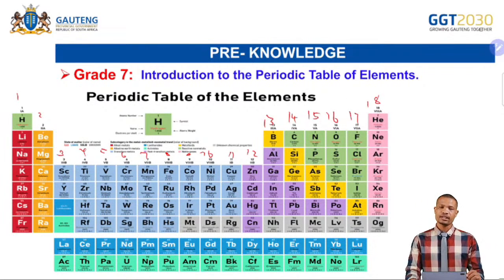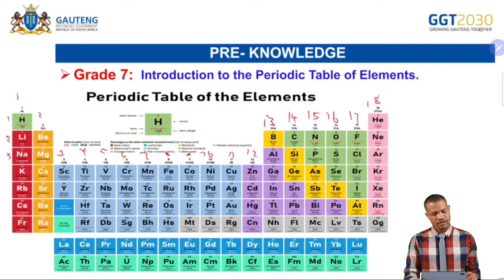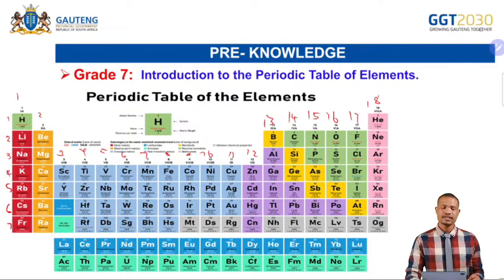And the periods go horizontally, but they increase from top to bottom. The groups go vertically, but they increase from left to right. Okay, so this is going to be your first period, second period, third, fourth, fifth, sixth, and seventh.